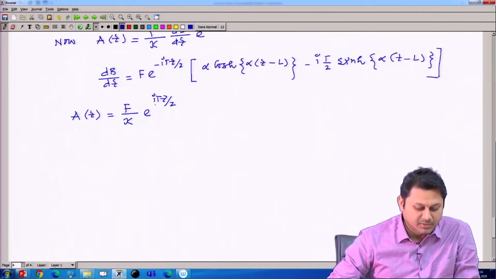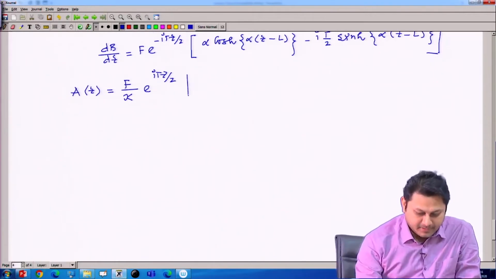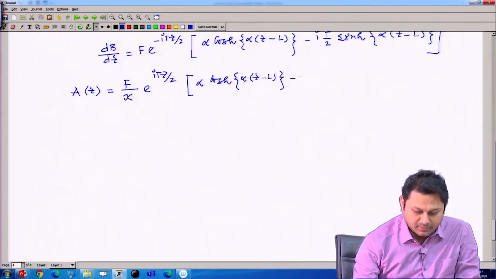So eventually I have e to the power of i gamma z by 2, and then the rest of the term: alpha cosh of alpha (z minus L) and minus i gamma by 2 sinh of alpha (z minus L).